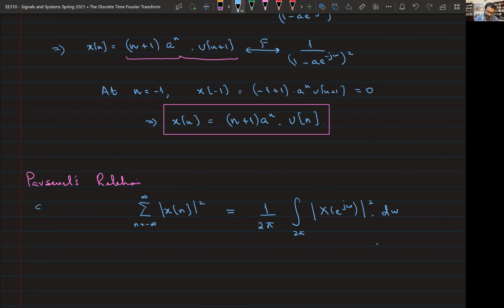And this is the energy. And since this gives you the energy, this thing here, the absolute value squared of X of e raised to the power j omega, is often called the energy spectrum, just like in the continuous time domain. Energy spectral density, which is exactly what we defined when we were talking about the CTFT as well.